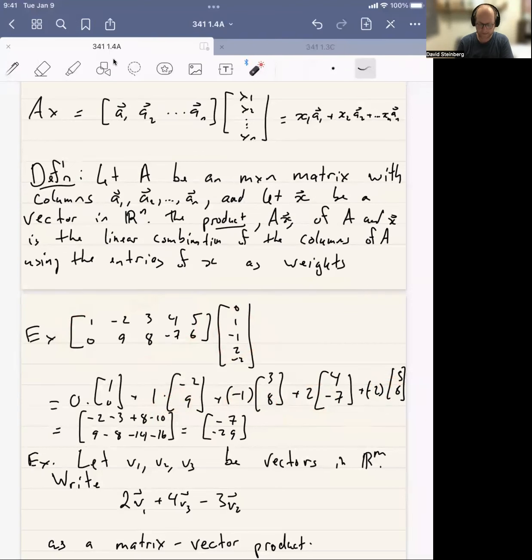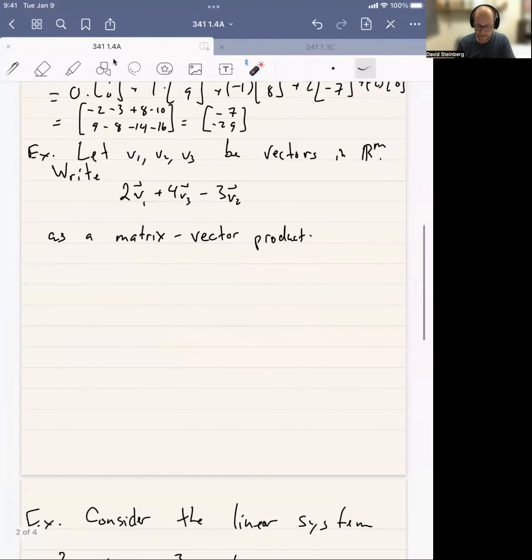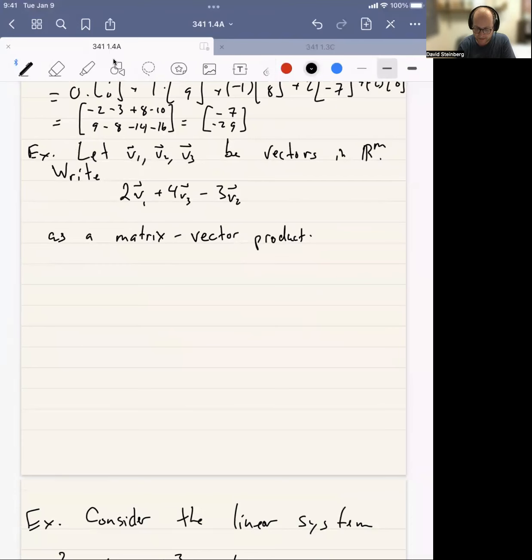Okay, let's do some more examples. If we're given vectors v1, v2, v3, of course, we need to put our little arrows to remind ourselves they are vectors. Given these 3 vectors in Rm, we want to write this linear combination as a matrix vector product. There's a couple of ways we could do this.